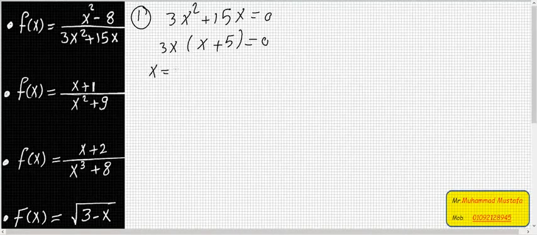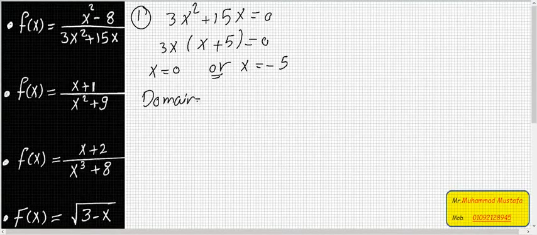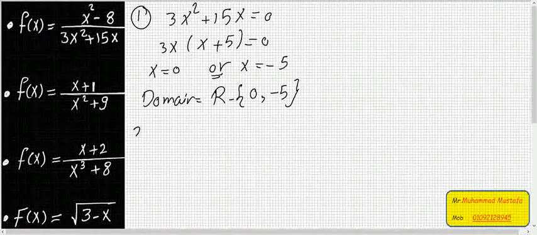Then x = 0 or x = -5. Then the domain equals R except 0 and -5, because they are the set of zeros of the denominator.